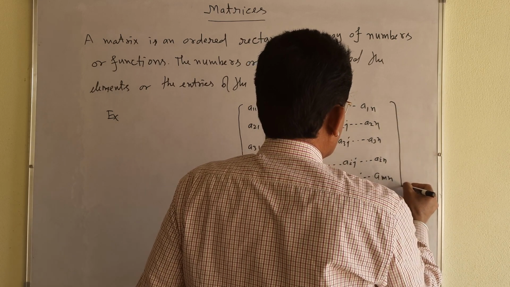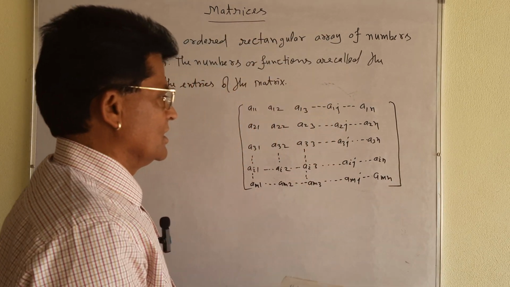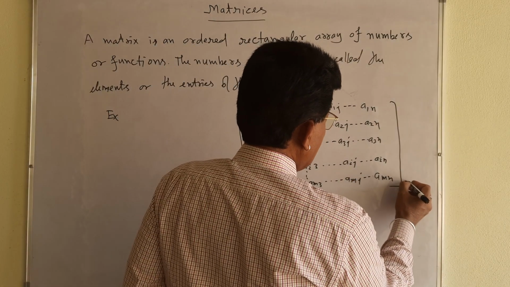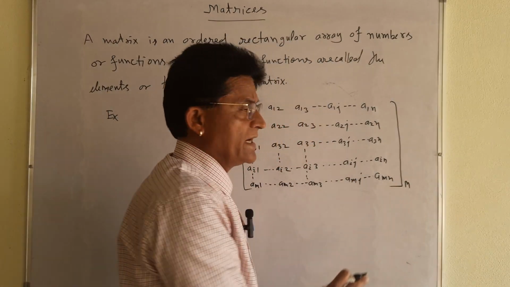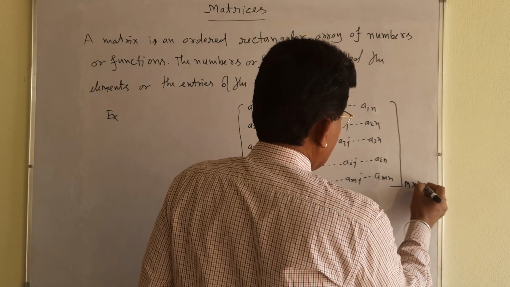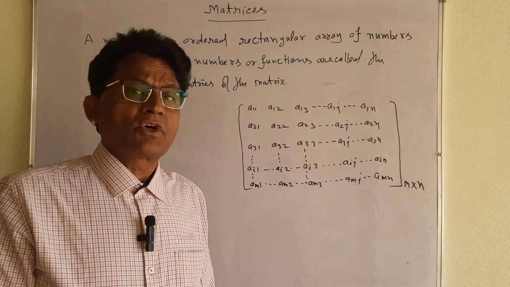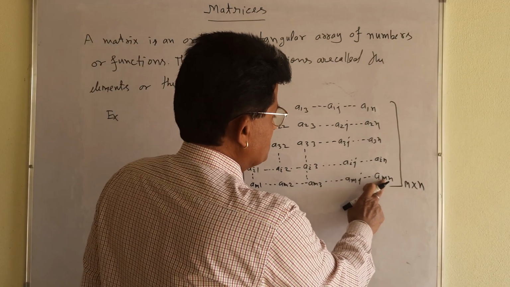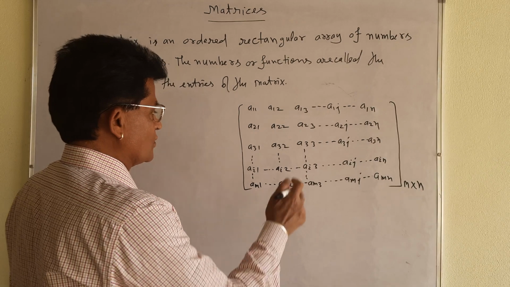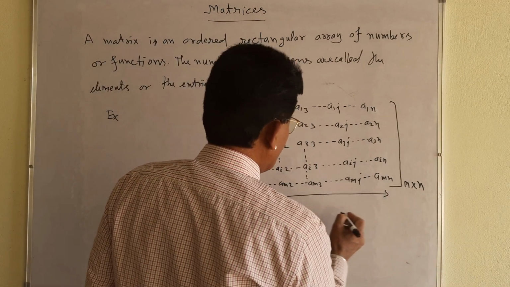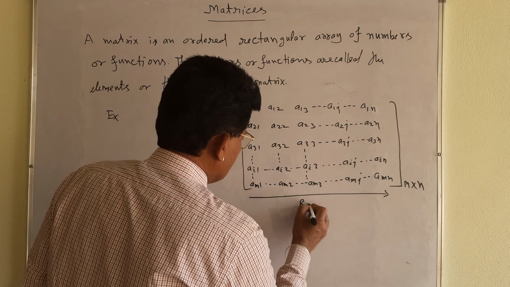This is the matrix I have taken. You see m by n. First of all, you will write m. m indicates the rows, and then you will write n. It indicates the columns. That is why in this matrix there will be m rows and n columns. I told you the horizontal line is denoted by rows.